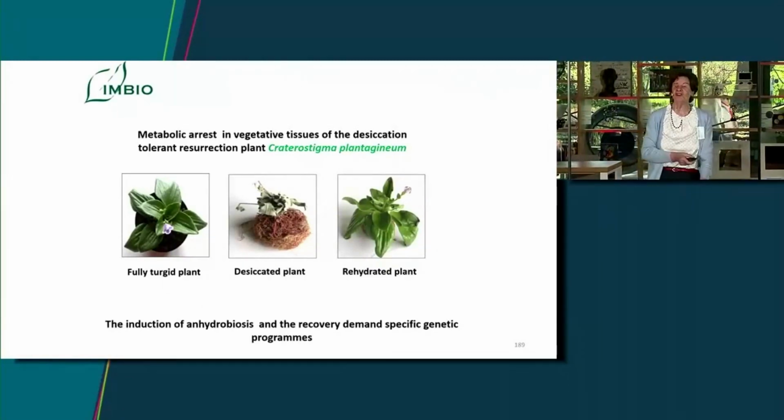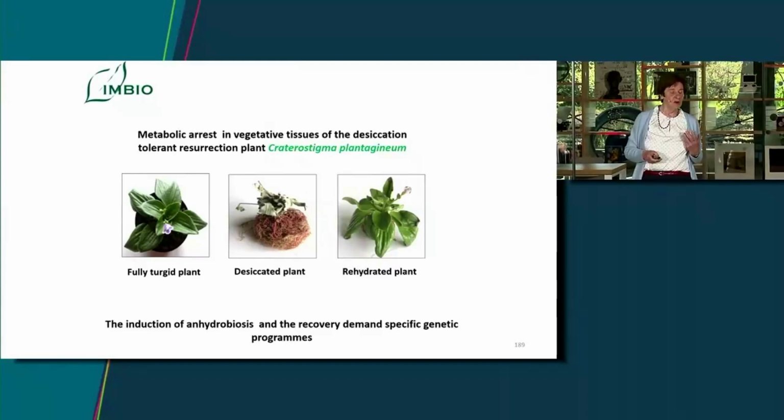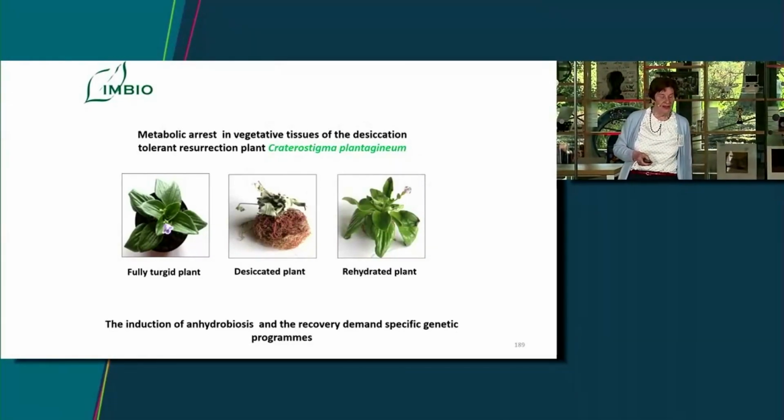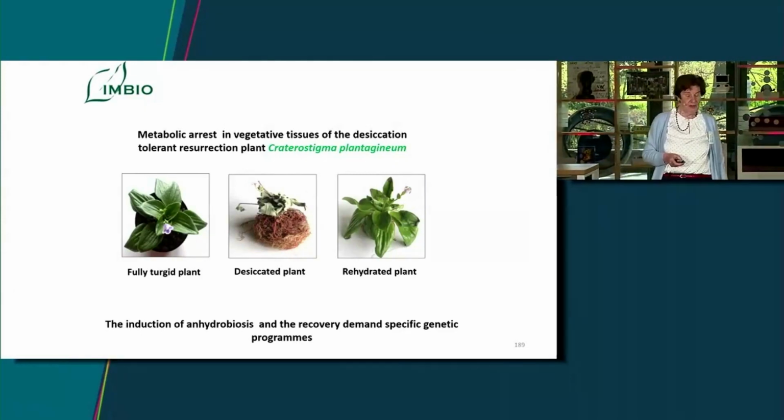And now I would like to introduce to you the plant which we investigated quite a lot. It is also a plant from South Africa. It is called Craterostigma plantagineum.